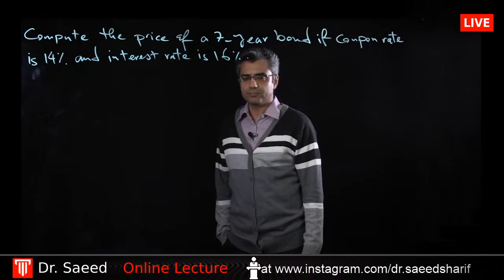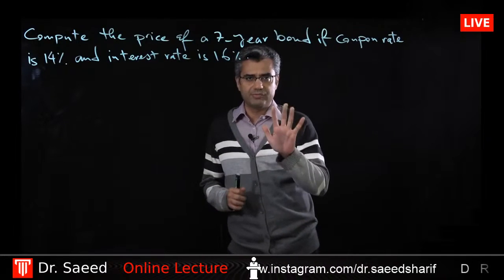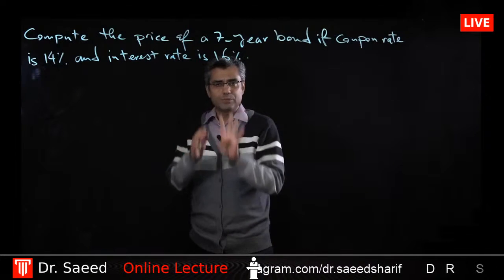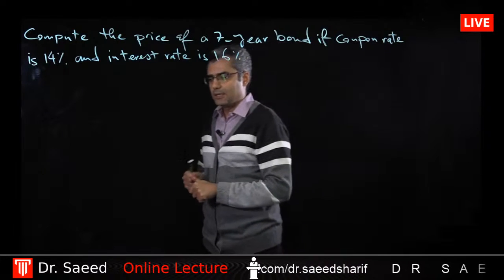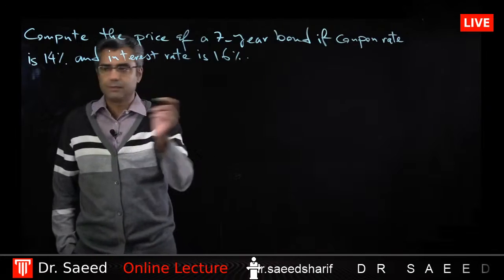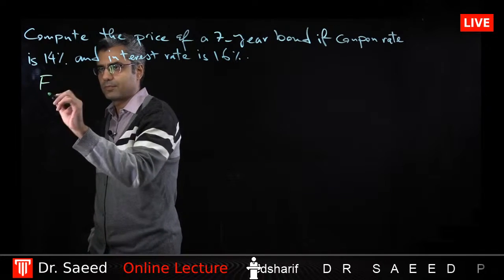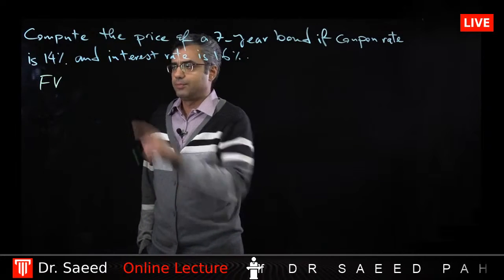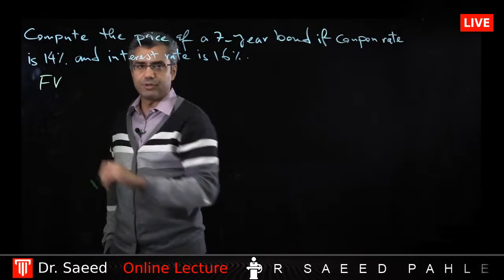Okay, so when you want to compute the bond price, there are always 5 parameters. Keep this in mind. Always you have 4 of them, and you are required to find the 5th one. So the 5 parameters, I list them here. Future value is the first one.